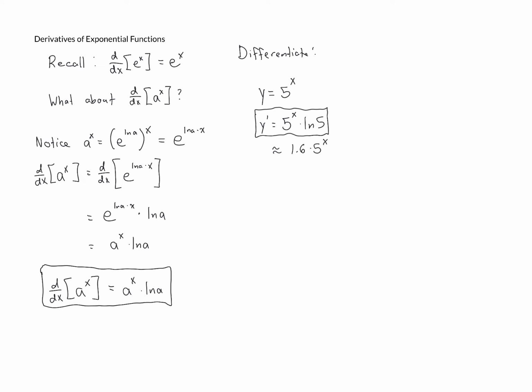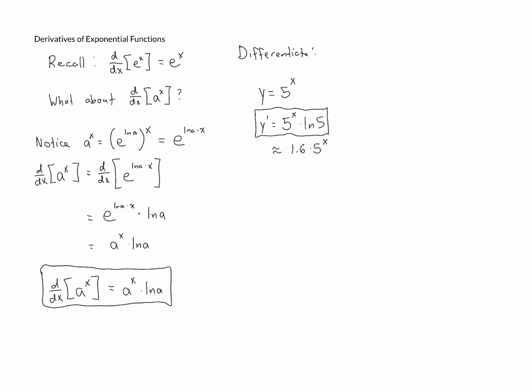And we know that if we multiply a function by a constant, that changes the graph by a vertical stretch or shrink. So effectively, when we have our function y equals 5 to the x, its derivative is just a vertical stretch of the function itself.